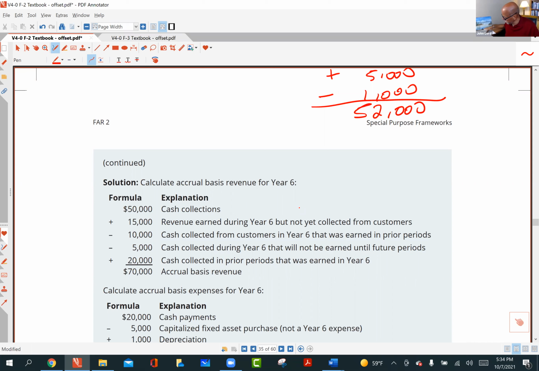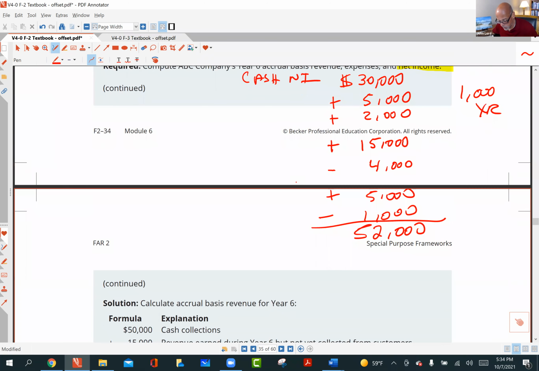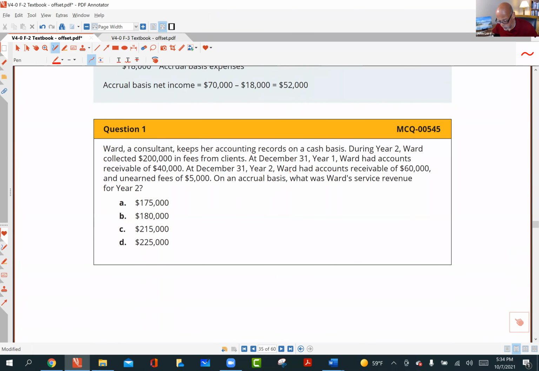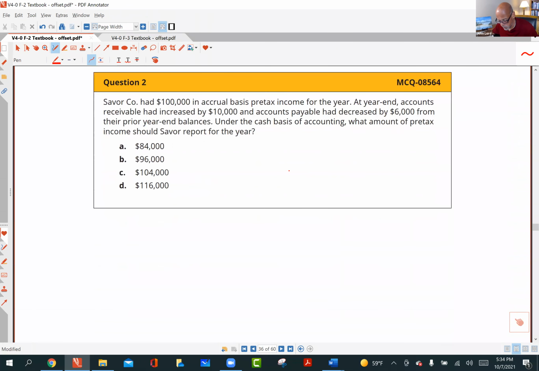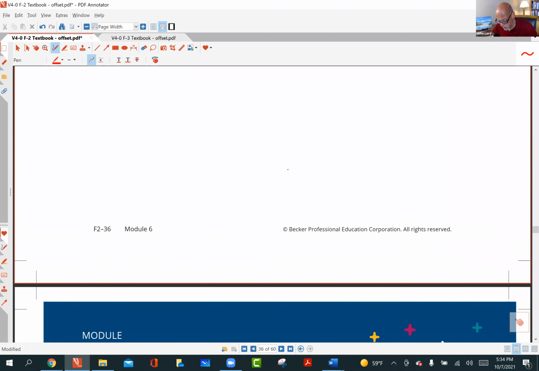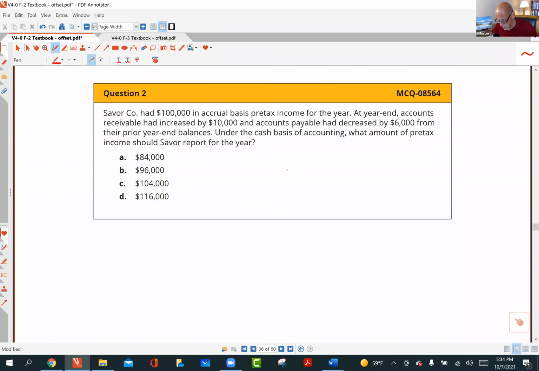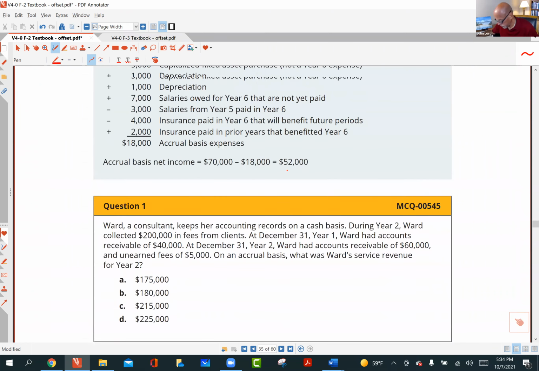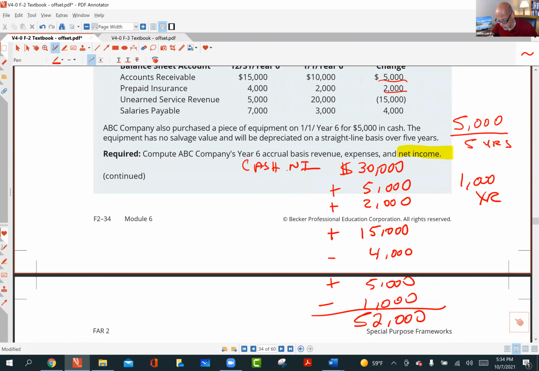Let's see where that was, which I can't seem to find now. Page 38. So come back to page 38. Where am I? I guess it's not page 38.